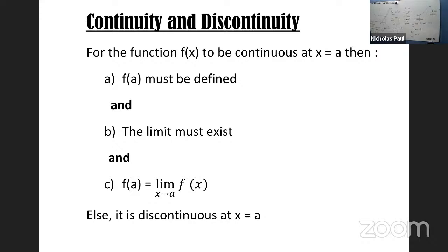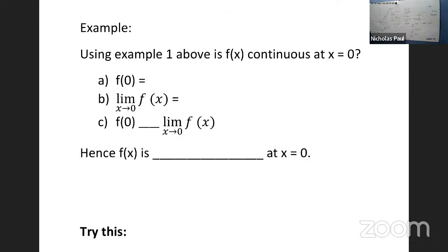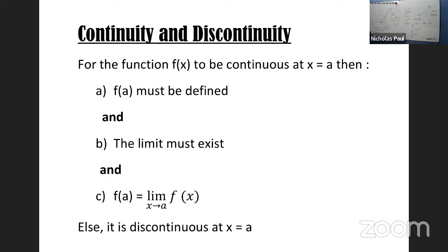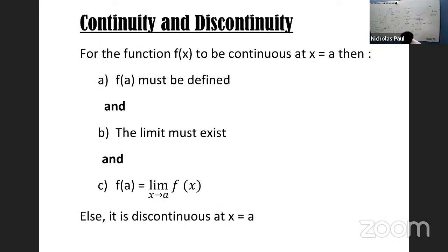Let's make a note of the rules, and then we are going to attempt to draw that. I'll give you a minute to write it up, and then we go through the past paper.